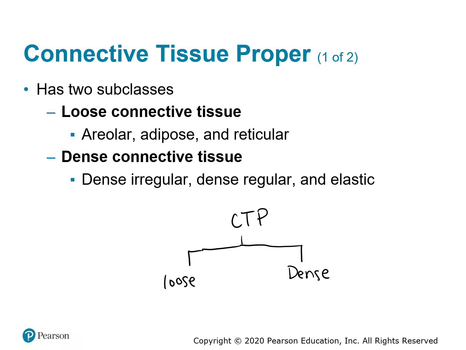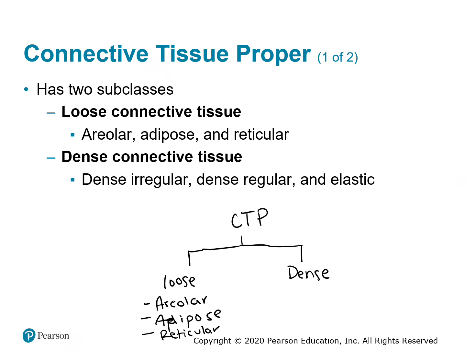Loose connective tissue has 3 subclasses. Those are areolar connective tissue, adipose, and reticular.